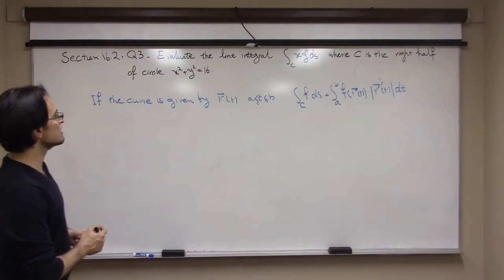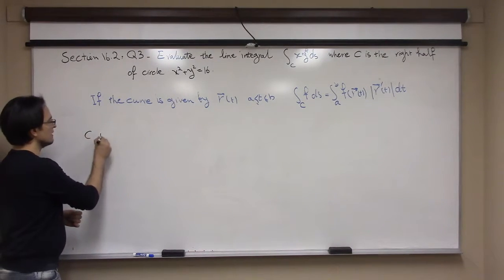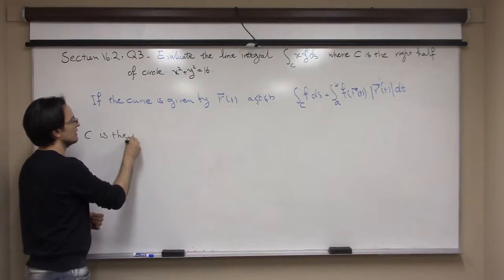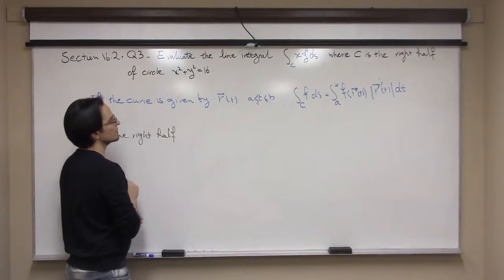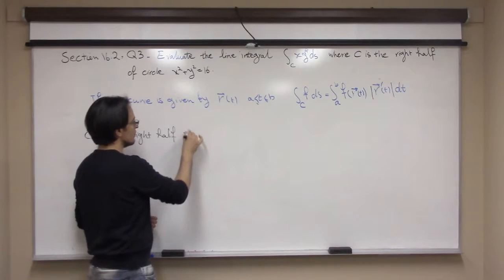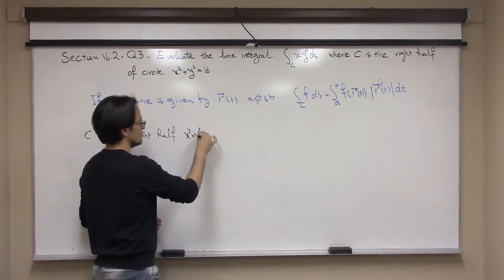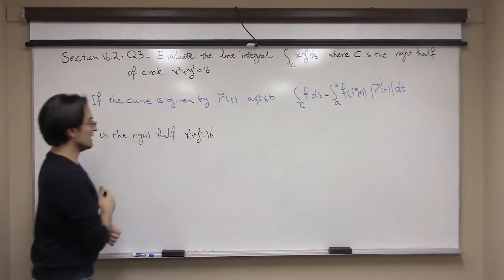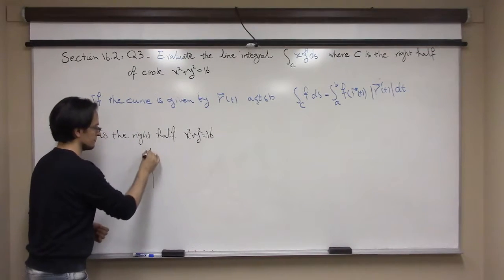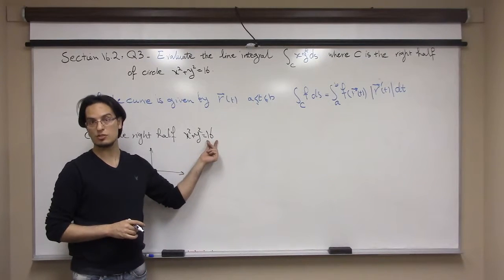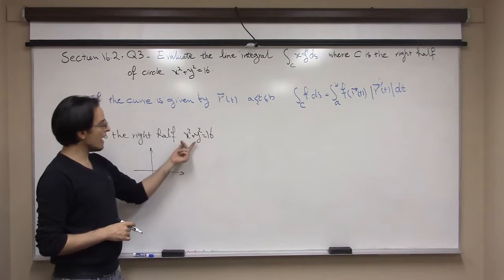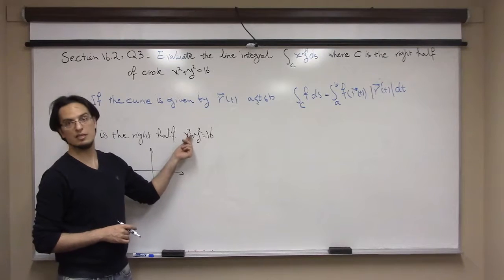For this question, C is the right half of the circle x squared plus y squared equals 16. What kind of circle is that? It is a circle of radius 4 and its center is 0, 0.